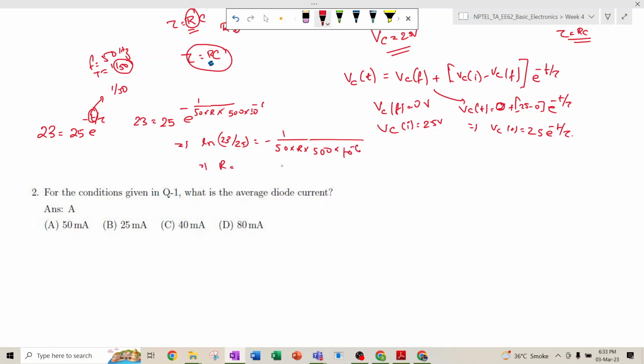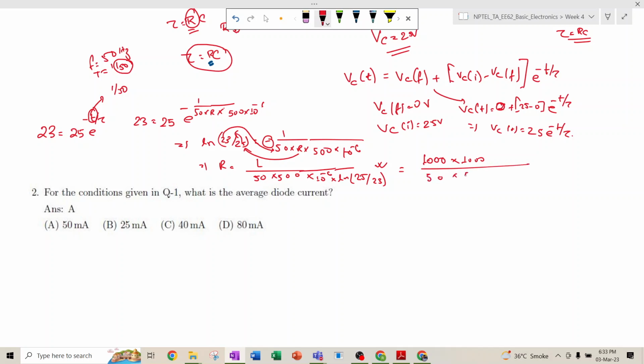So R is nothing but 1 divided by 50 into 500 into 10 to the power minus 6 into ln 25 by 23, right? Because if we multiply by the minus, then it becomes 25 by 23. So if we solve this, the 10 to the power 6 goes to the upper side.